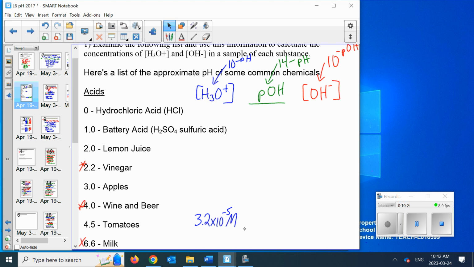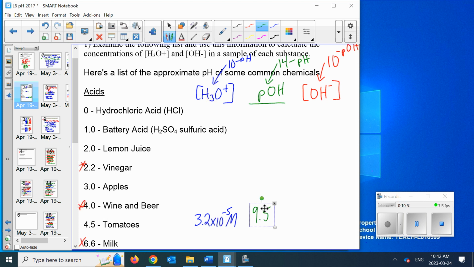So hydroxide, pOH, is 14 minus the pH. So in this case, 14 minus 4.5, right? You can do it without a calculator. Go figure, 9.5. Everybody understand where you're coming up with that one? So invent a column called pOH.